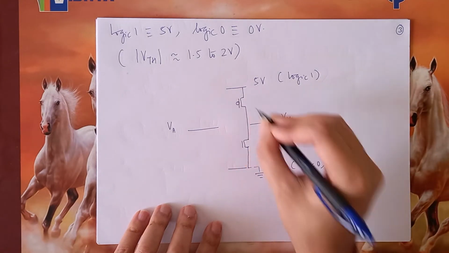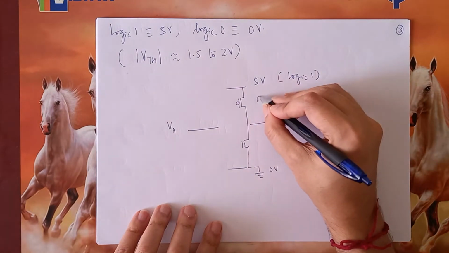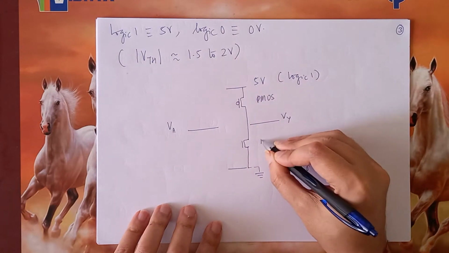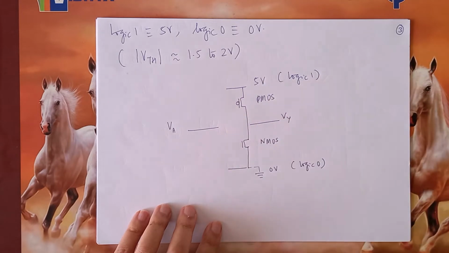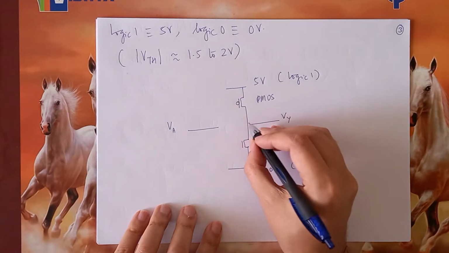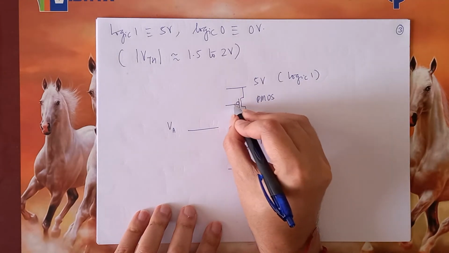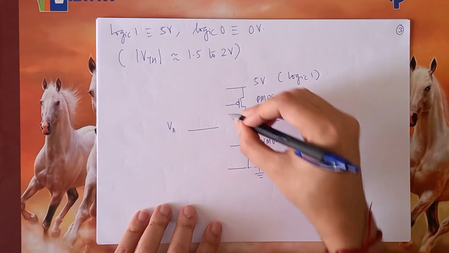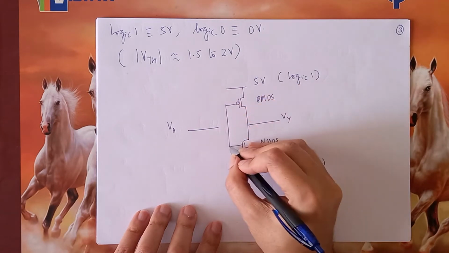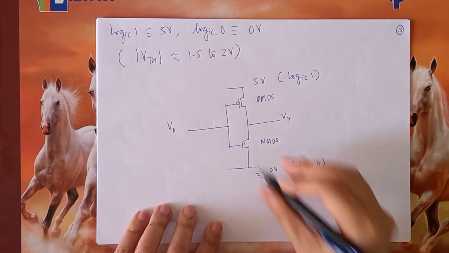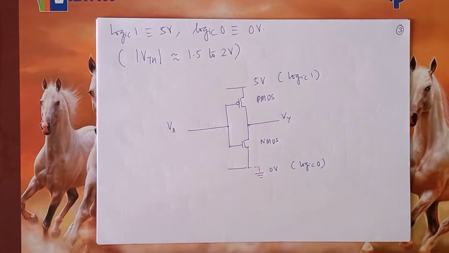Let's say this is a PMOS and this is an NMOS. Let me label it, although the presence of the bubble over here should give you a good idea. So this is how I am claiming my circuit to be.